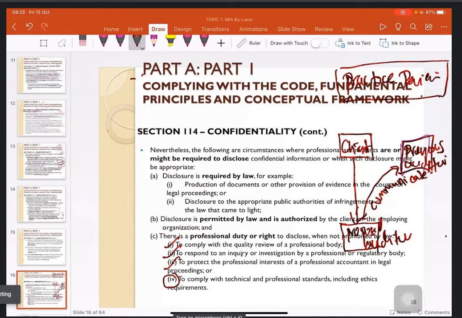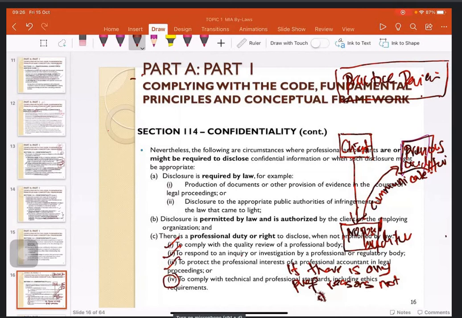Okay, bila you communicate dengan previous auditors, you just ask the previous auditor if there is any professional reason not to accept the appointment. Okay, so the previous auditors dia tak boleh simply disclose the information kepada you sebab the information adalah confidential.